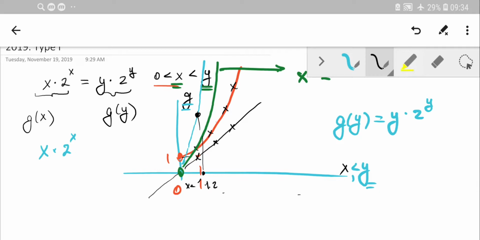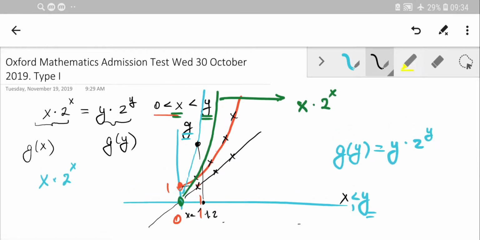Alright, so that's why typically you need to build up the graphs, or at least sketch, or at least just give the reason why the right side always gets bigger than the left side when you have argument y more than argument x.